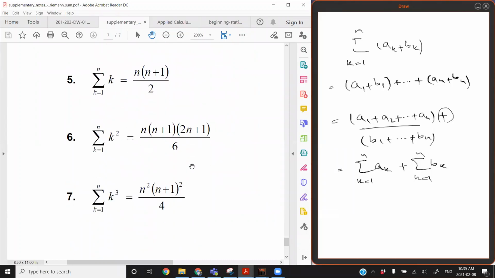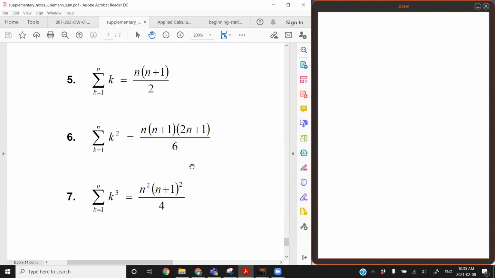Okay, now the next thing that you need to know is this. I'm going to add this formula to that. If you have sigma 1, k from 1 to n, that's going to be exactly n, because you're adding 1 to itself n times.